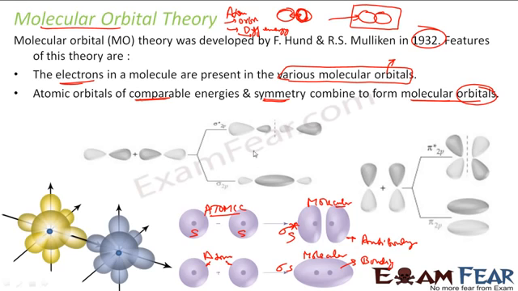Similarly, for p orbitals you also have head-on overlap. This is an atomic orbital. It forms one bonding and one anti-bonding molecular orbital.